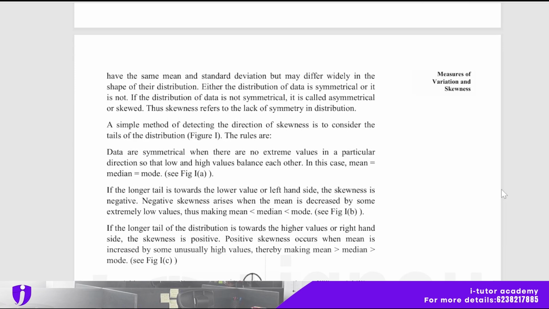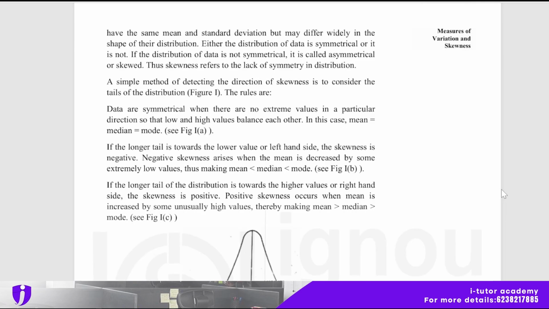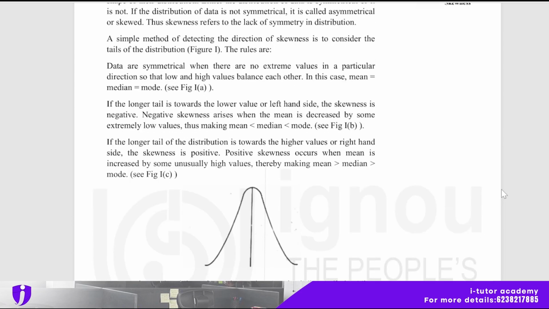A simple method of detecting the direction of skewness is to consider the tails of the distribution. Data are symmetrical when there are no extreme values in a particular direction, so that low and high values balance each other. In this case, mean is equal to median is equal to mode. If the longer tail is towards the lower values or left-hand side, the skewness is negative.